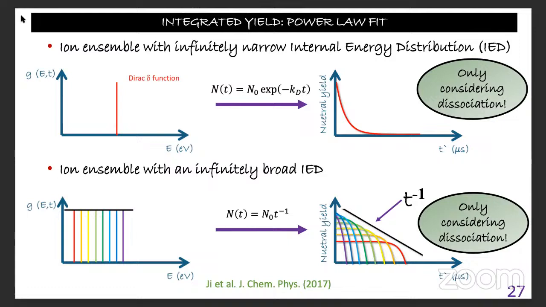So we would have a lot of exponential decays. And if we sum all these decays in a log-log plot, we observe that the T^-1 function fits these results, if only dissociation is active. So if we consider that our internal energy distribution is broad enough, any deviation at longer times suggests that something is going on beyond dissociation.